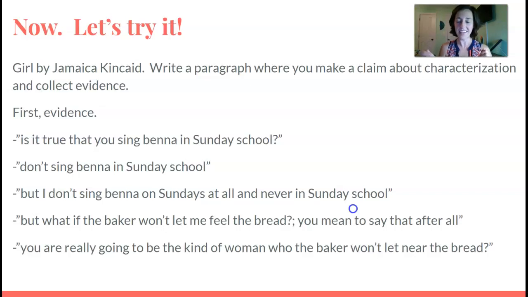And the girl responds. It takes a while, but the girl finally says, but I don't sing Benna in Sunday school. And lastly, when the girl says, but what if the baker won't let me feel the bread? I hear her voice coming through again, and that is interesting to me. I think it's interesting how both times the girl speaks, she starts with the word but.